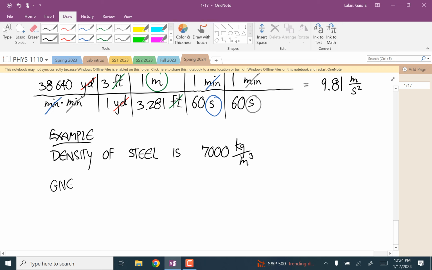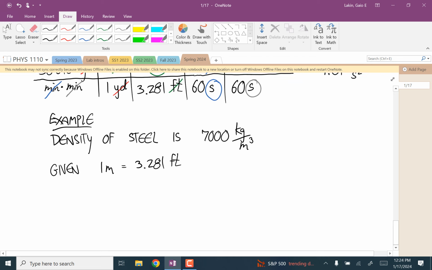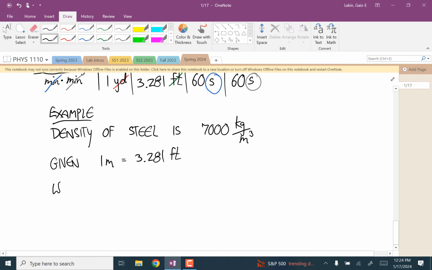If you're given that 1 meter is 3.281 feet, what's the density of steel in kilograms per cubic foot?